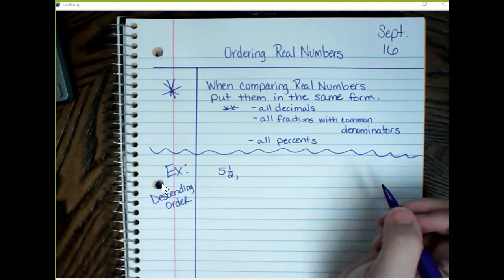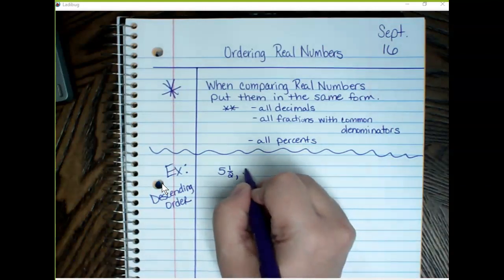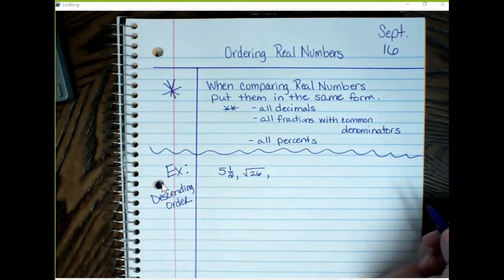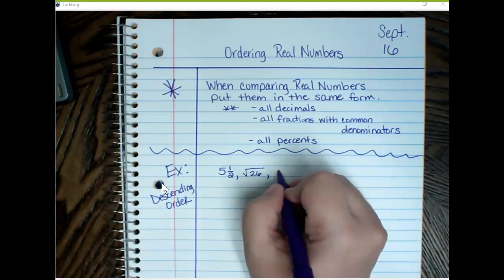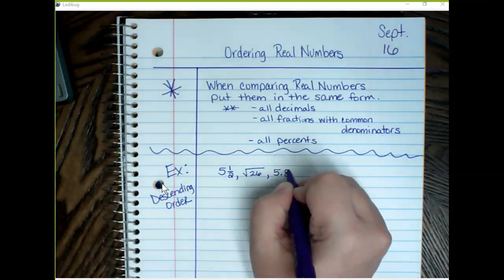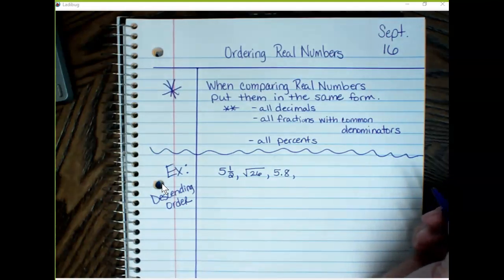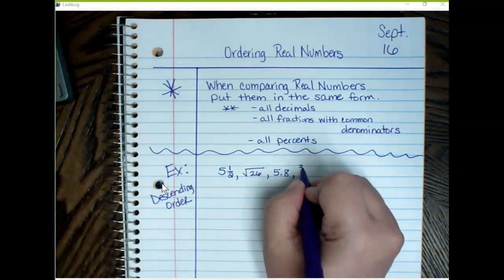Then square root of 26. The next number in the set is going to be 5.8 or 5 8/10. And the last number in this set is 31 over 5.